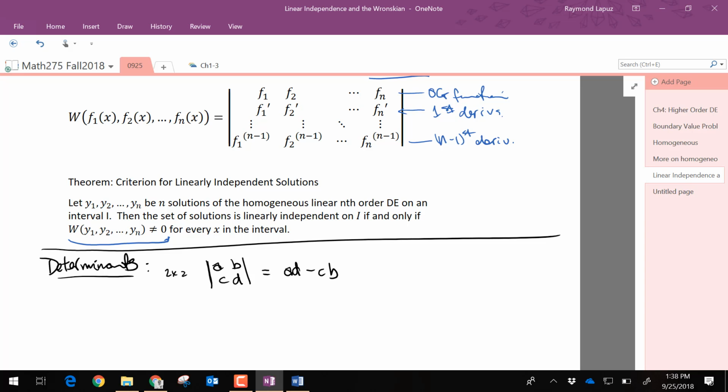The determinant of a 2x2 matrix is the product of the diagonals minus the product of the other ones.